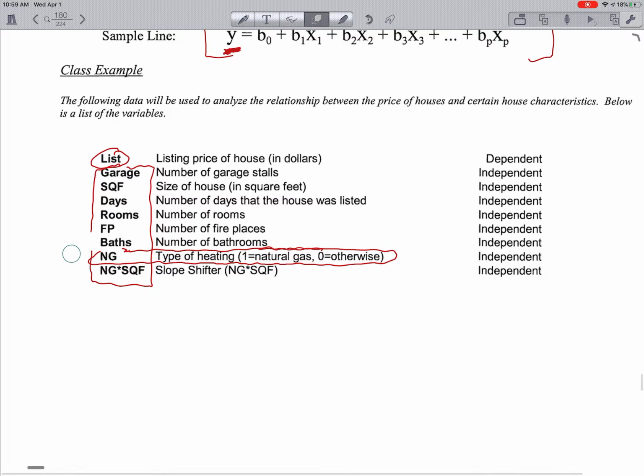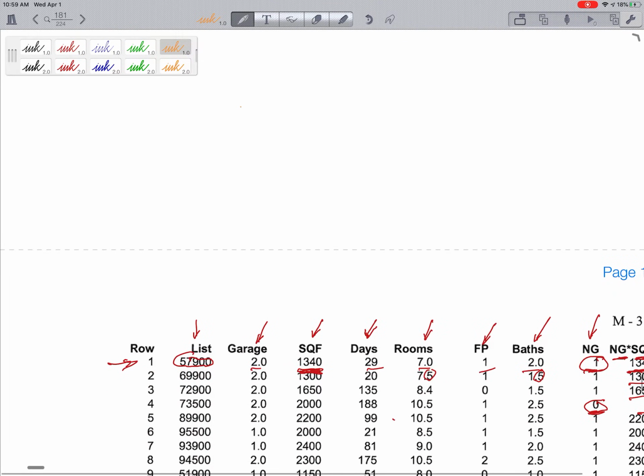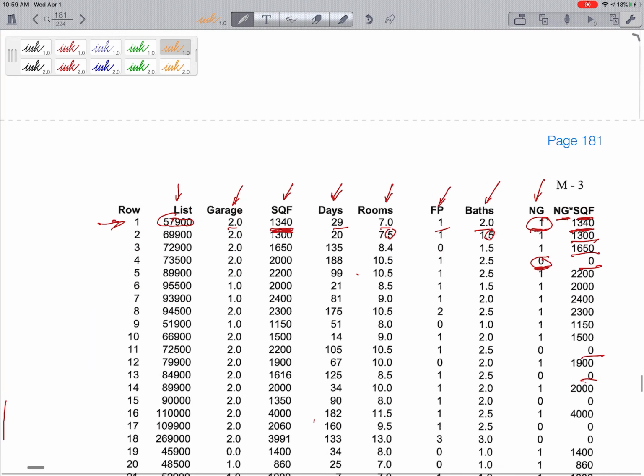And now we're taking a look at these guys down here. So we're talking about NG, which is the dummy variable, and takes on values of 0, 1. And then if we multiply the NG times SQF, then you'd end up with a slope shifter. What that looks like is over here.